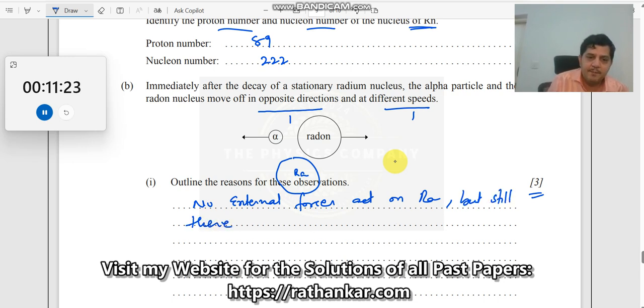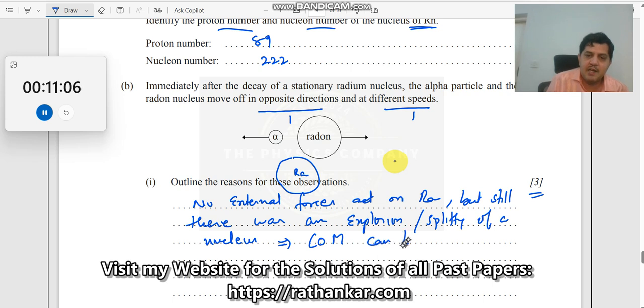there was an explosion or splitting of a nucleus. So this implies conservation of momentum can be applied. Okay, this is the first reason you can say. This gives you 1 mark. Then when you say conservation of momentum can be applied, then you can write m alpha into, let us say this is u and this is v here. m alpha into u plus m radon into v is equal to m radium into 0.